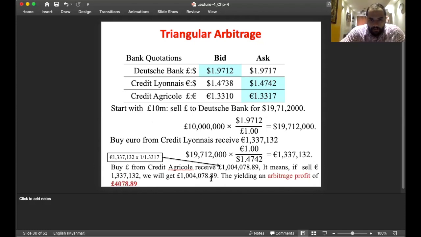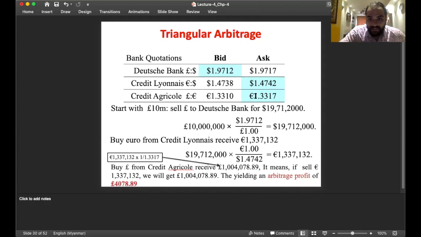Okay, so now how much profit do we have? If you got this euro now, you already have a position in this money. If you want to make a profit, you will sell again, and when you sell it you will get pounds. At what price are you going to sell it? You will sell it at 1 divided by 1.3317.